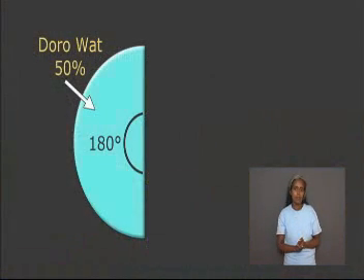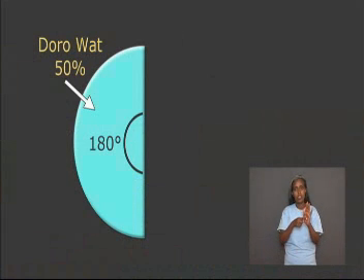Welcome back, students. I am sure that was not too difficult. Your pie chart should appear something like this. Since half of the people surveyed preferred dorowet, we draw a diameter of the circle and label 1/2 dorowet.